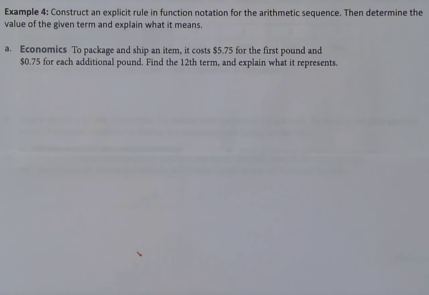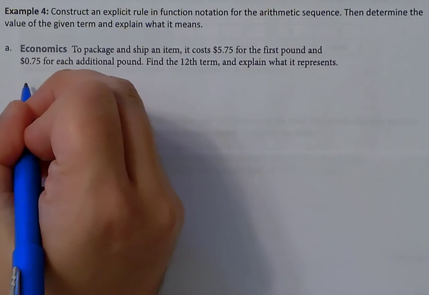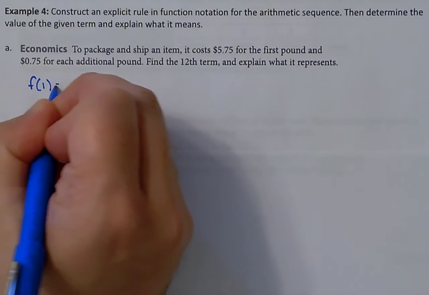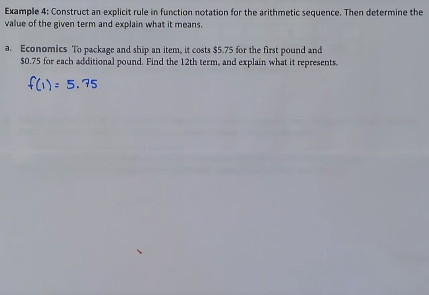So the first pound is going to represent or cost $5.75. Because we're talking about the first pound, that represents our first term. So our first term in this problem is 5.75. The first pound costs $5.75, so my first term is 5.75.